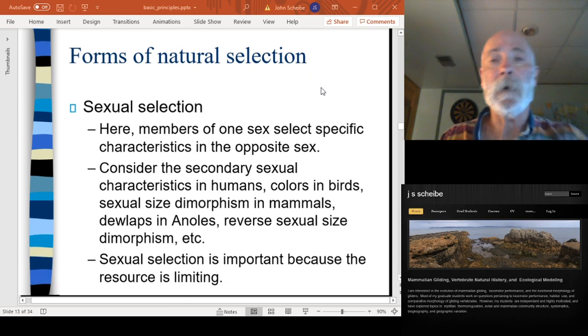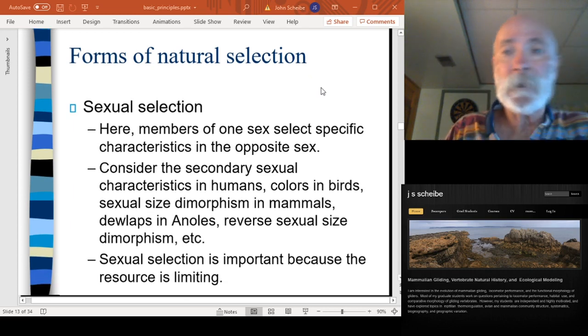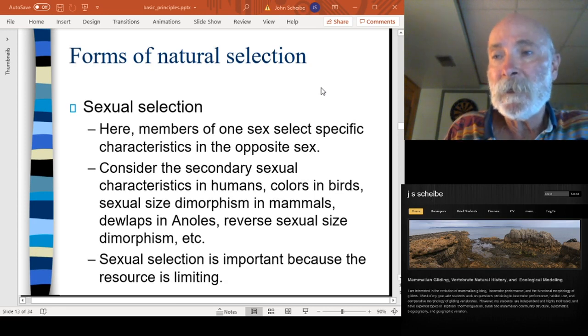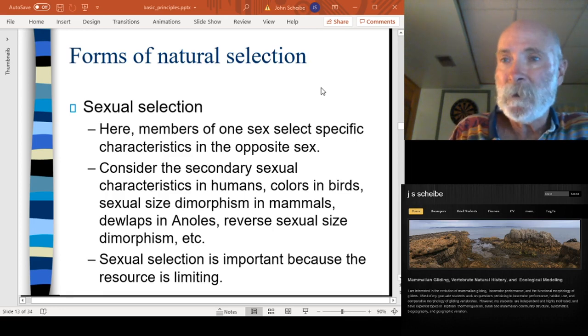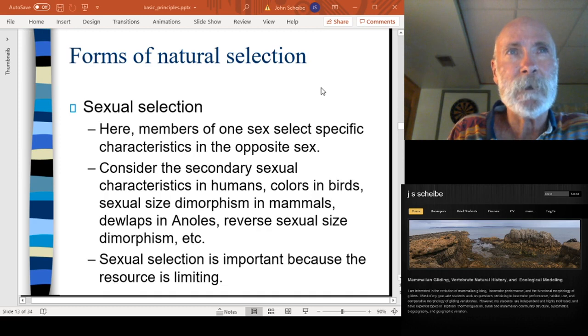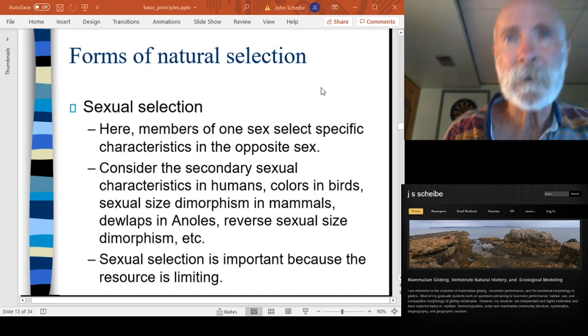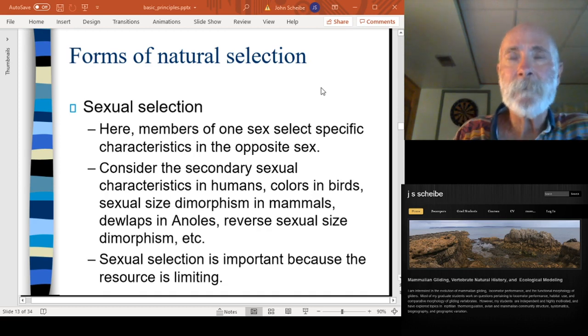There are a couple of additional forms of selection. One of these is sexual selection, and that is selection that's practiced by one sex on the opposite sex. So if you think about humans, males are selecting for certain attributes in females, and at the same time females are selecting for certain attributes in males. The example that we used in class was body size.